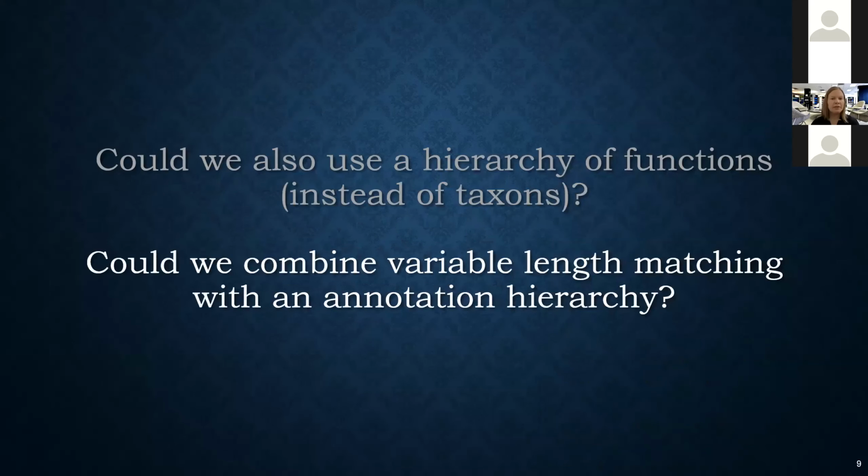And another question is, could we combine these favorable aspects of Kraken and Kaiju, so looking at variable length matching, but combining this with an annotation hierarchy. So as soon as you find a match, you will immediately see where in this annotation hierarchy that read should be placed.